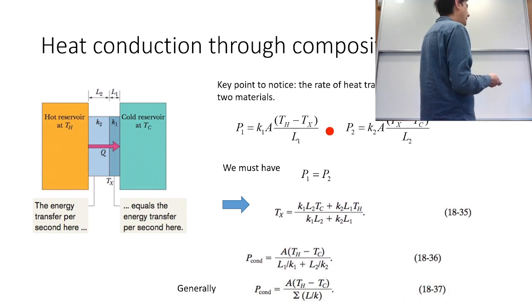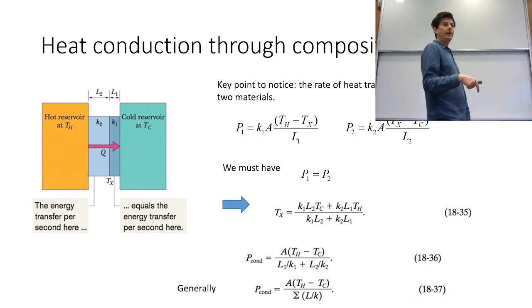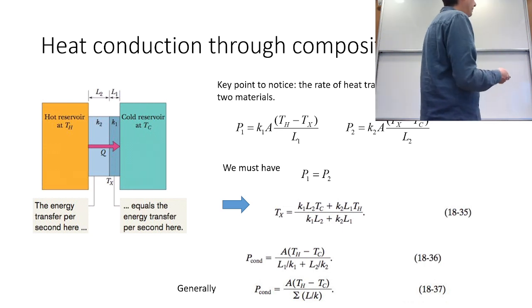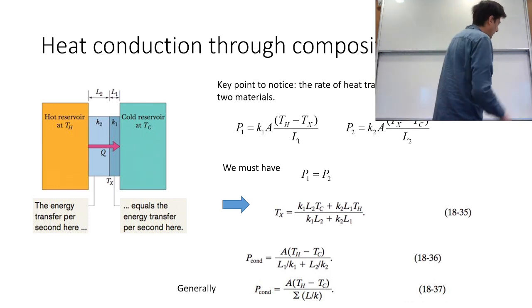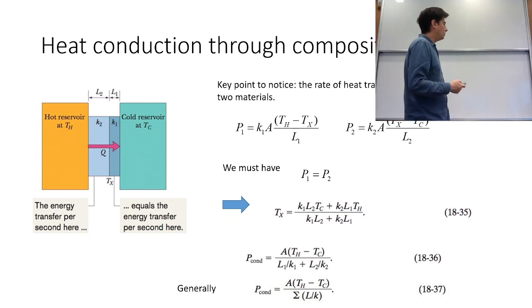Once you've found that temperature, you can also find the power: substitute Tx back into the formula, and you'll have all the variables on the right-hand side to figure out the power. It's worth doing a few practice questions on this, but I think we'll move on from here.